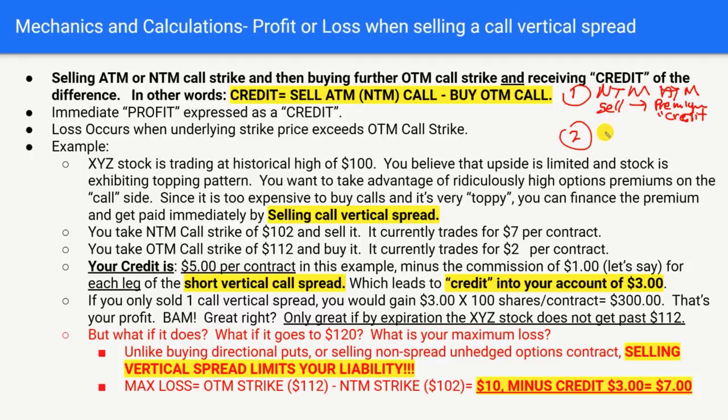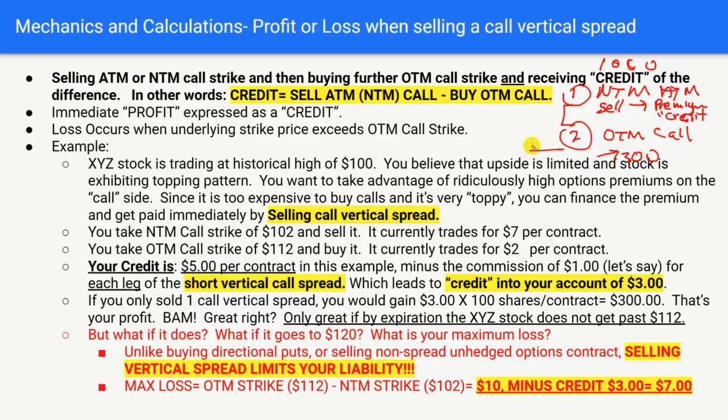To protect that downside, we want to buy an out of the money call. Okay, just like when you buy a normal call. You're going to buy this, so you're going to spend money buying this. The difference between what you sold and got the premium, $1,000 here, and then the out of the money call, let's say in this situation, it's like $3, so you're $300.